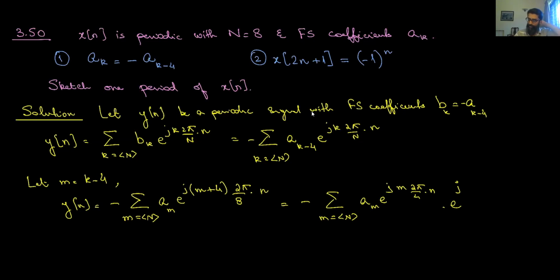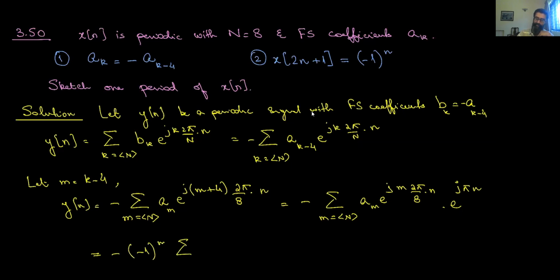So 2 pi multiplied by 4 is 8 pi, so this is 8 pi divided by 8. So this is pi, this is pi n. So what is e raised to the power j pi n? Yeah, so this is minus 1 raised to the power n.